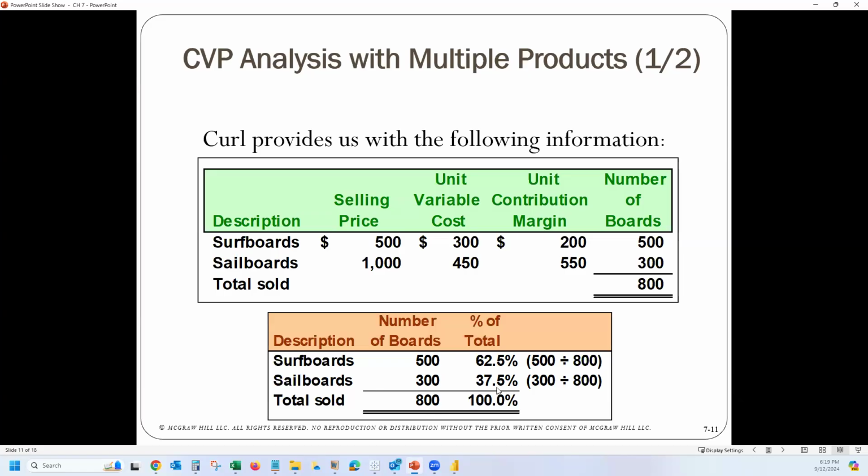And for the salesboard, it should be 37.5% of the total sales units. So basically, we'll have 500 divided by 800 to get this proportion that the company must sell for the softboard. And then we will need to divide this 300 boards by the total boards they need to sell to get the proportion for the salesboard.